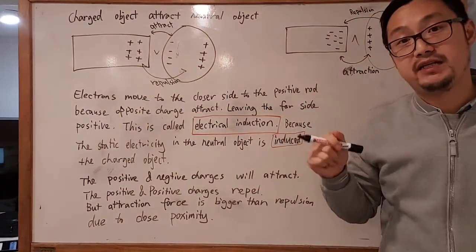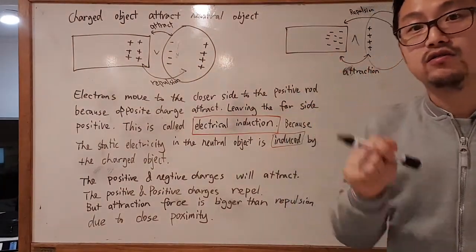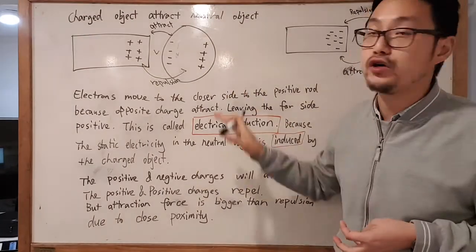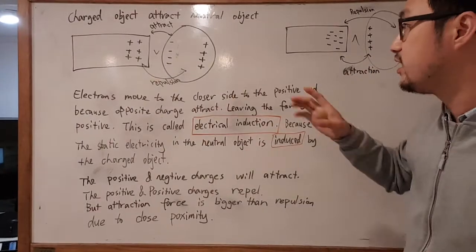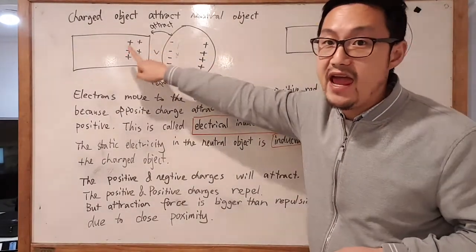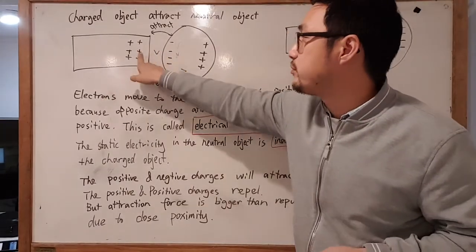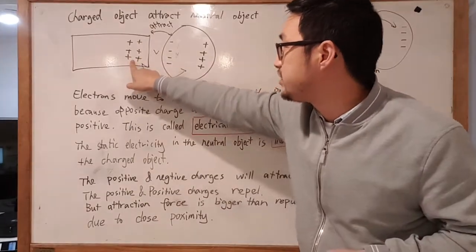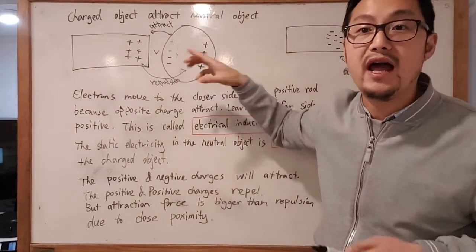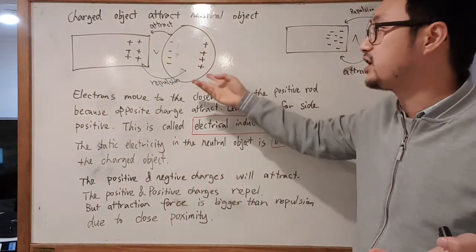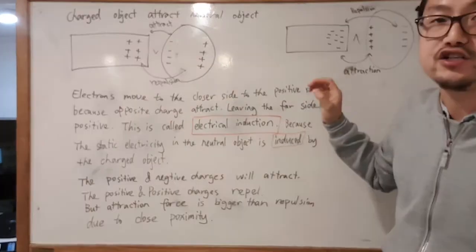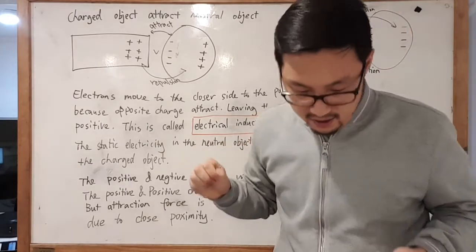If it's coming in close contact with a neutral object, it's going to try to attract the neutral object. Bring it closer. And once they touch each other, this electron is going to jump to here, and now this will be positive, and this will be positive as well, and then they will start to repel each other. Once they touch each other, but before they touch each other, it's going to be attracted like this. Okay, all right, sweet.